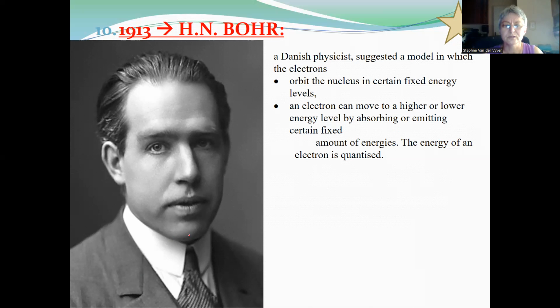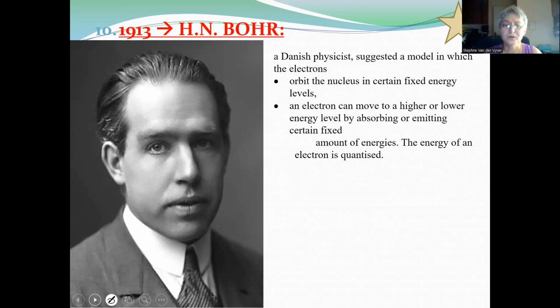Now Niels Bohr said that an electron can move to a higher or a lower energy level by absorbing or emitting certain fixed amounts of energy. That's where he got the idea that the energy of the electron is quantized.